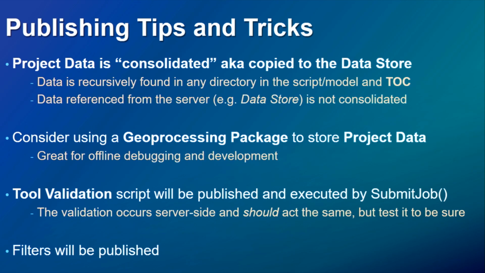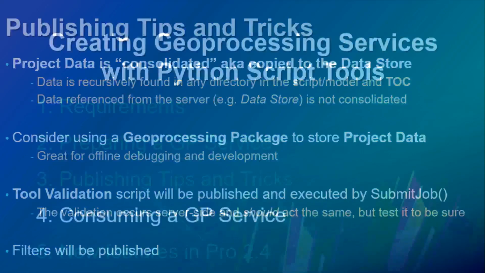So in the tool properties, you can specify for each parameter what data type or what the range of the number is. So the filter information will also be published to the server. So when you run that web tool, if the user puts in a number out of the range, the tool will error out.